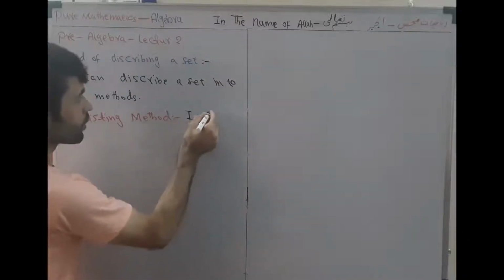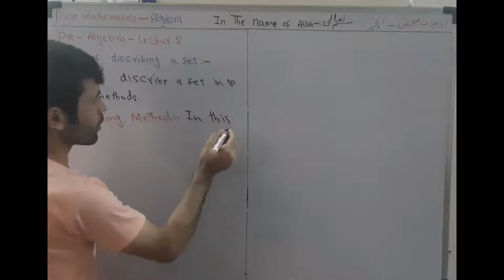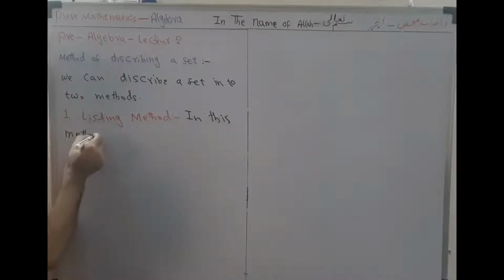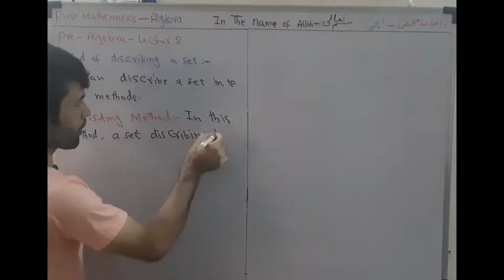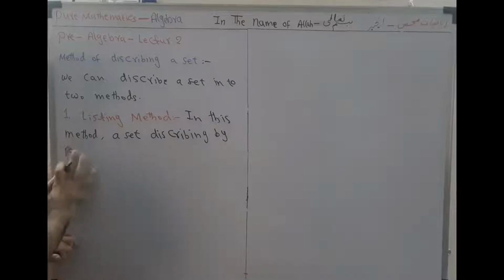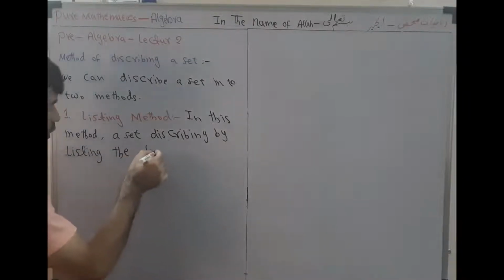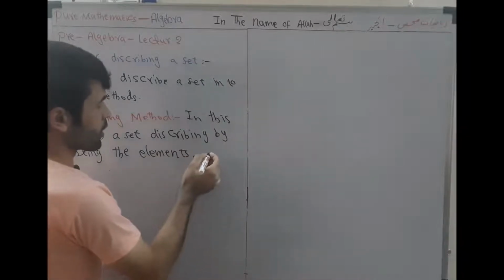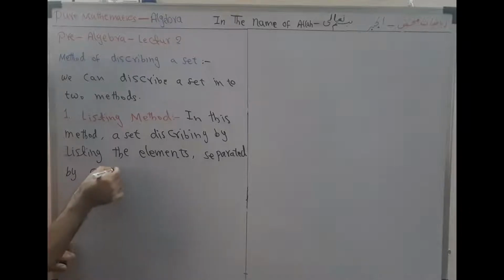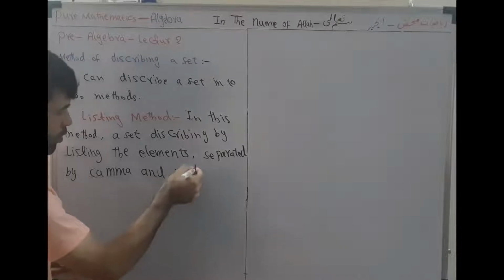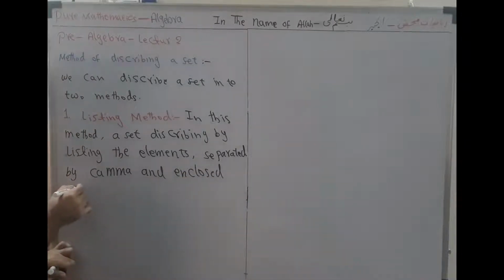In this method, a set is described by listing the elements separated by comma and enclosed within braces.